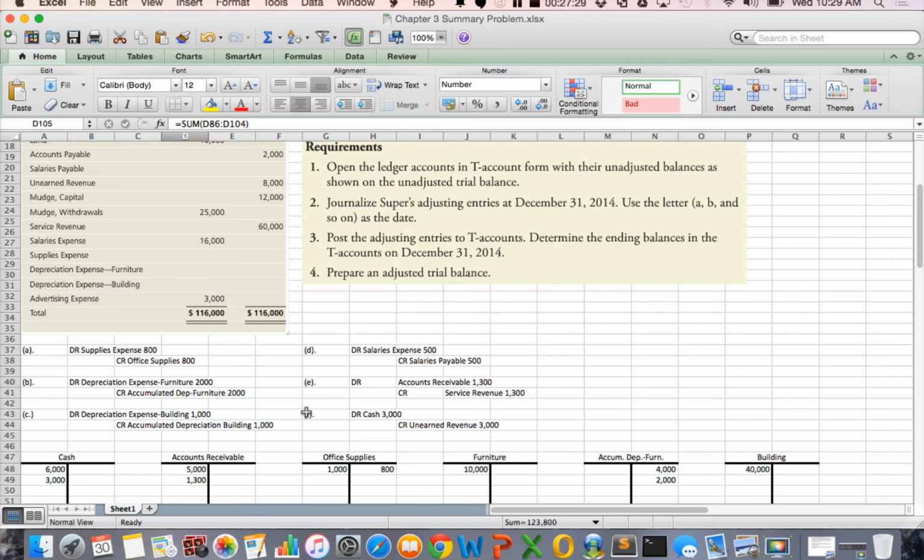But what's your question? If you had swapped those, would you get it wrong? I know you can subtract when you have a bigger debit. You're just talking about getting the balance? Yeah. Do you subtract to get the debit, or are you trying to get the credit?